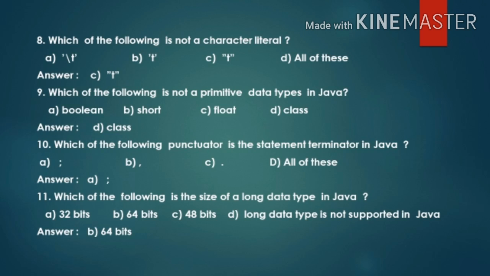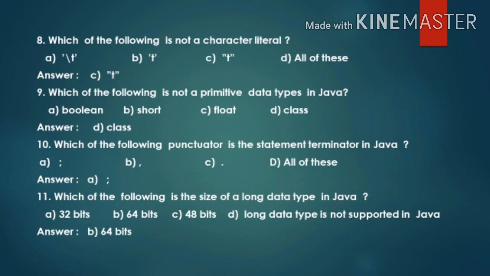Question number 8. Which of the following is not a character literal? The options are A. \t within single quotes, B. T within single quotes, C. T within double quotes, D. all of this.